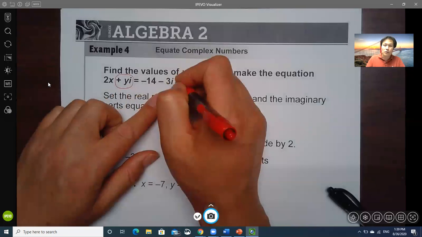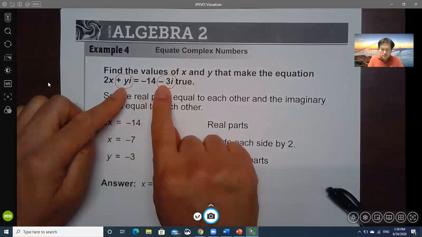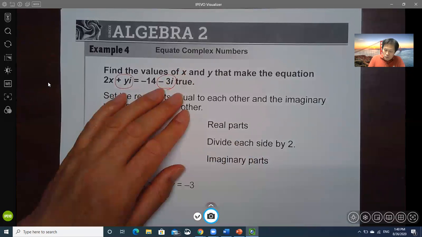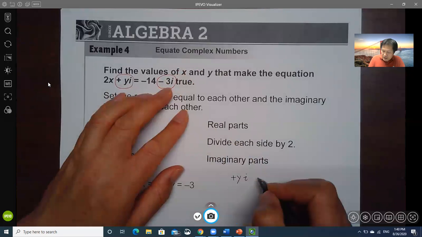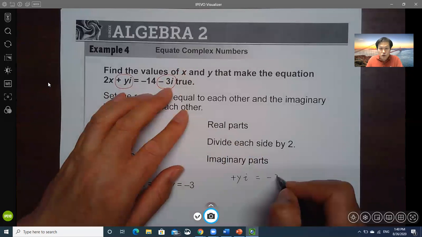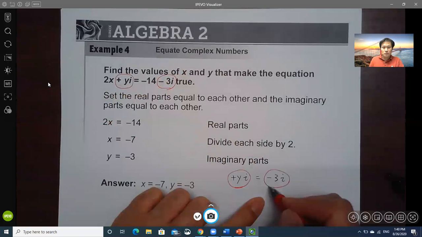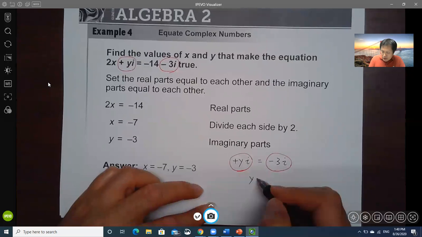Why? The i part has to equal the i part. What am I saying? yi has to equal minus 3i. So if you divide by i on both sides, it becomes y equals minus 3. That's the answer.